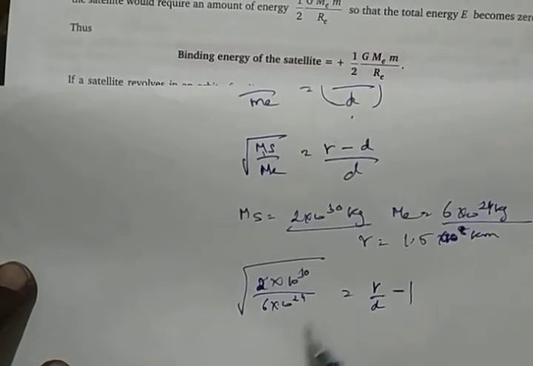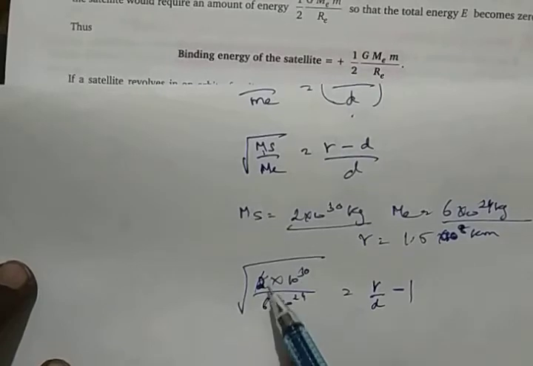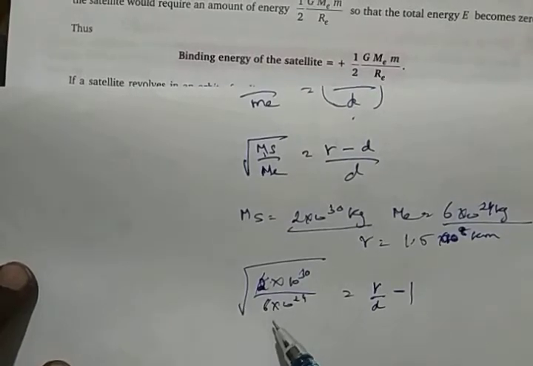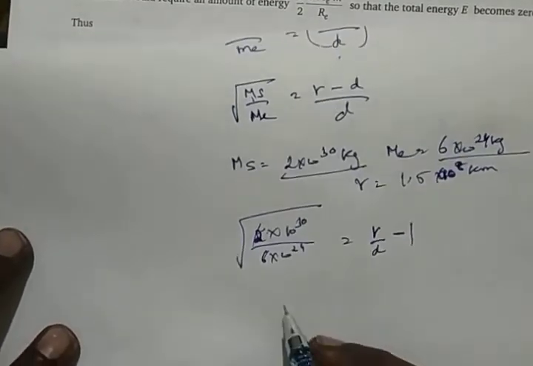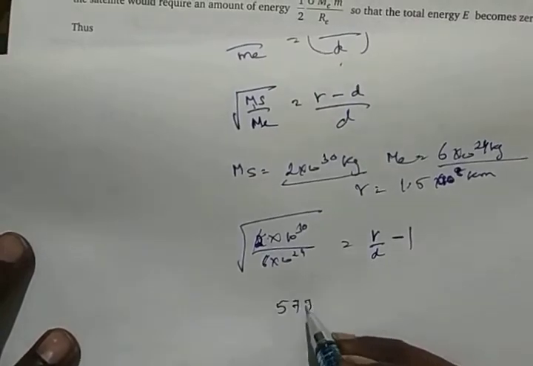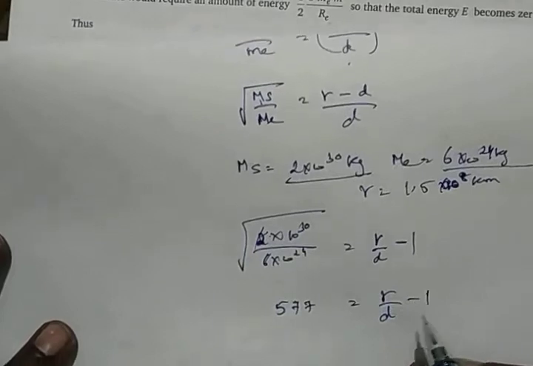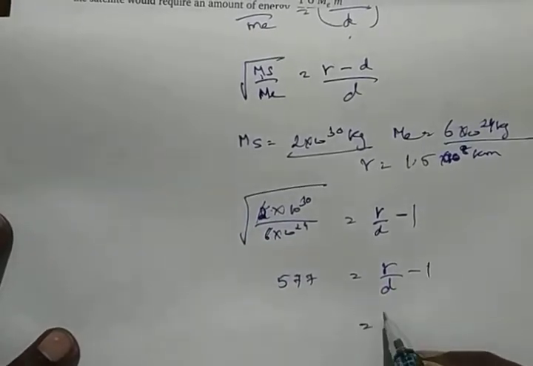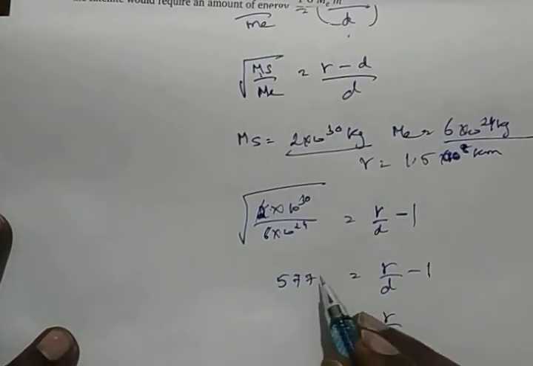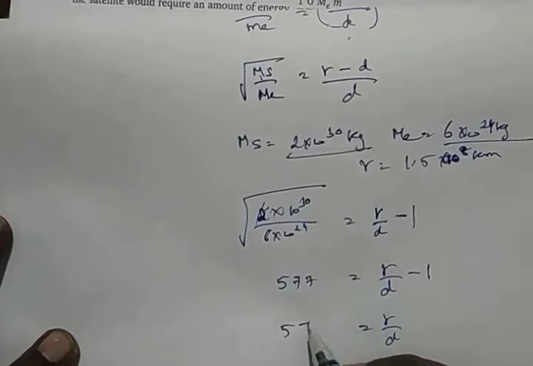Once you do this calculation, this will get cancelled out, it will become 1 by 3, and when you do this calculation, you will land up with an answer of 577 is equal to R upon D minus 1. So what is R upon D? Minus 1 can go here, it is 578.